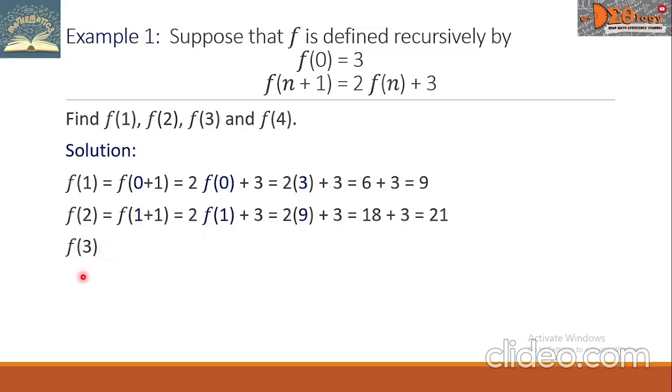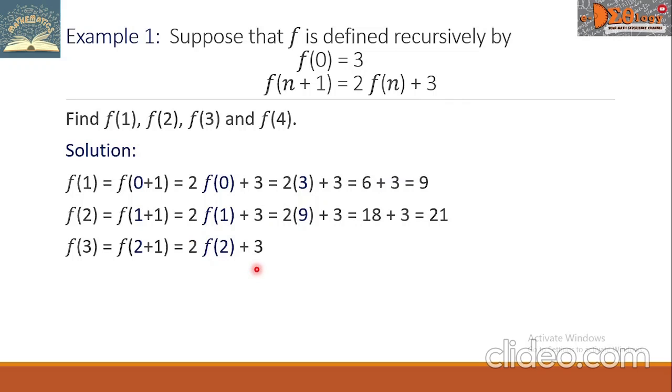Then f of 3. Based on our f of n plus 1, we rewrite this f of 3 as f of 2 plus 1, which means the value of n is 2. With our right-hand value, we write here 2 times f of 2, then plus 3.